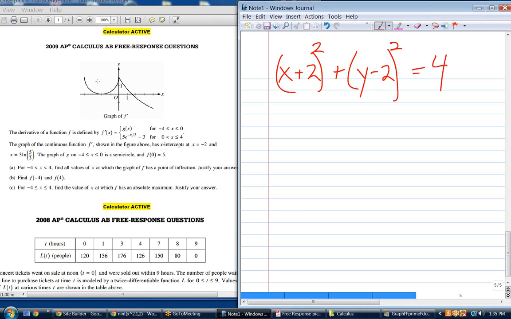That's that semicircle. Pretty much, half of it at least. The lower half. So if I implicitly differentiate this, I will get the second derivative, and I can check where the second derivative is less than 0, and that will be an absolute maximum.